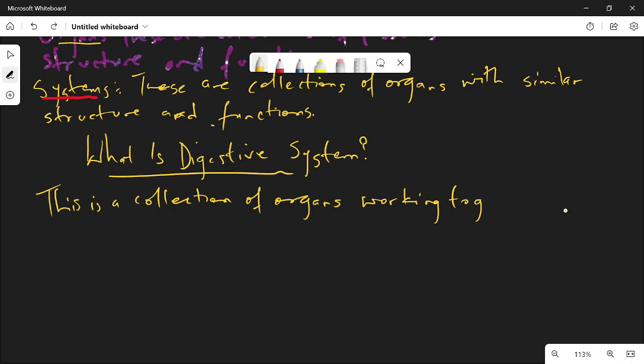Collection of organs with similar, remember when we're talking about the systems, we said they are what?